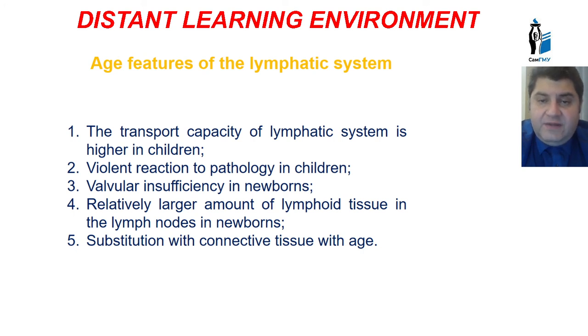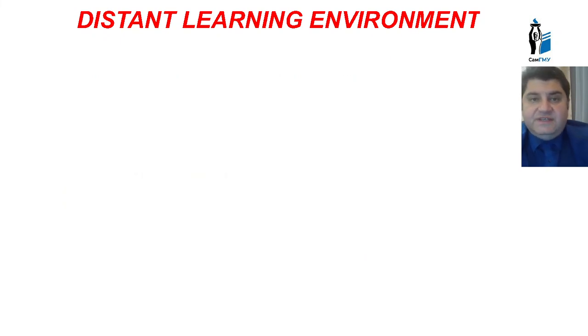Relatively larger amount of lymphoid tissue in the lymph nodes of newborns, and substitution with connective tissue in an adult person. And you must know that in an adult person, in lymphatic nodes, there is more connective tissue than in children and also young persons. So the lecture is over.